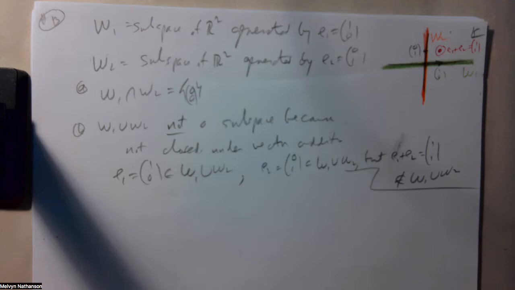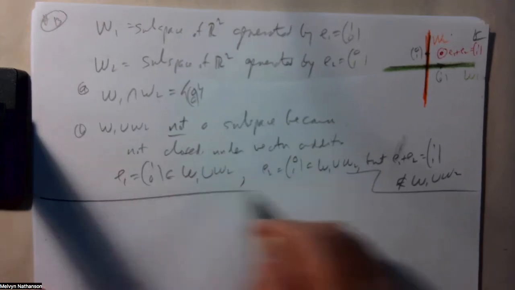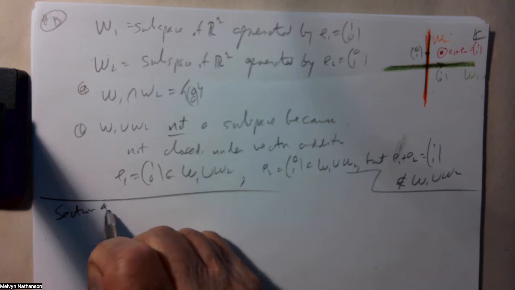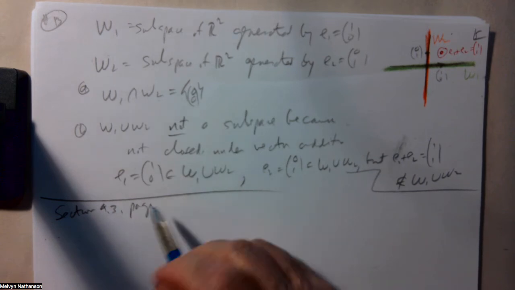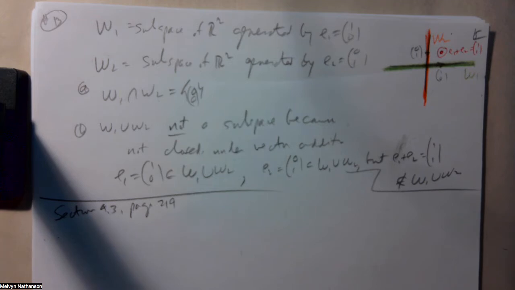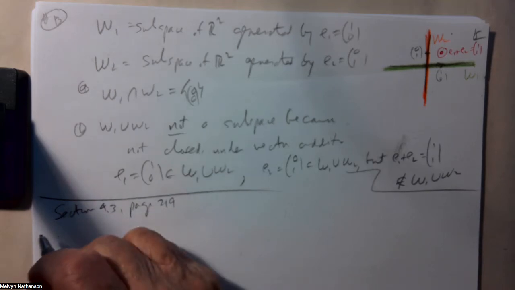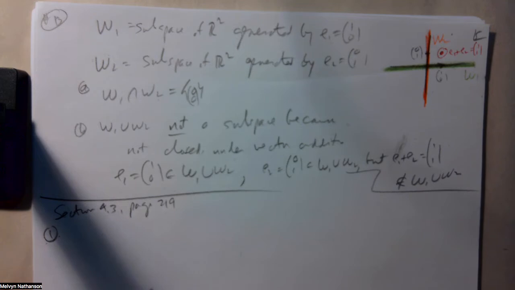Let me go on to section 4.3, page 219. Problem 1 is to find a basis for the subspace of R2 generated by certain sets of vectors.